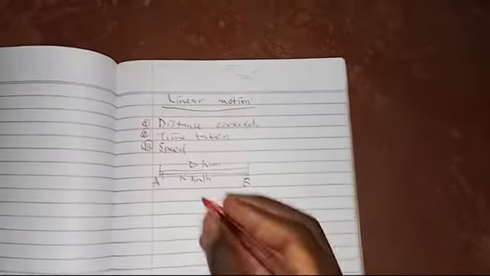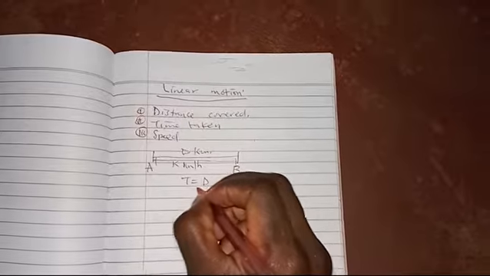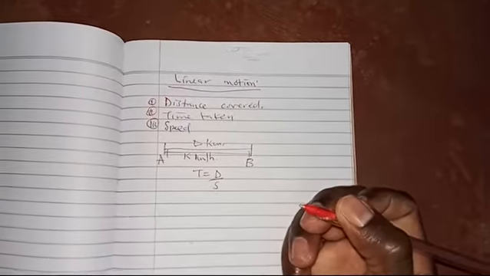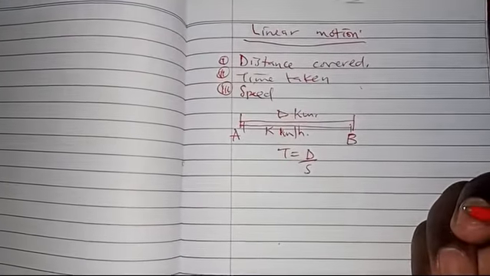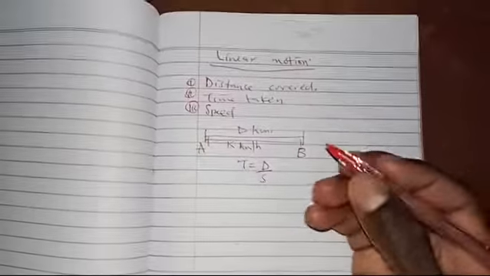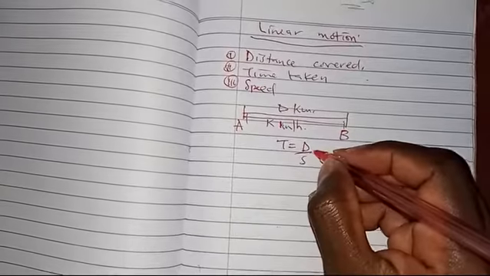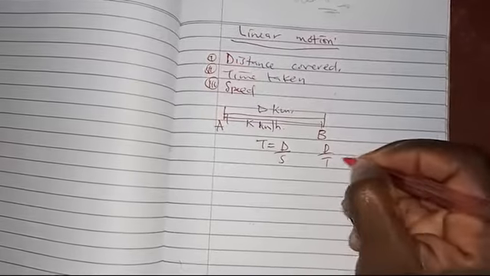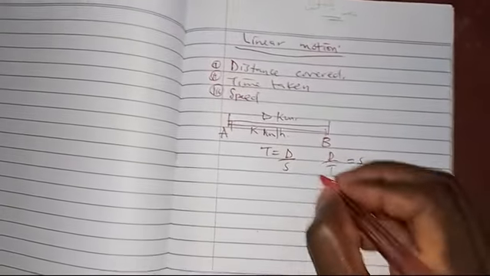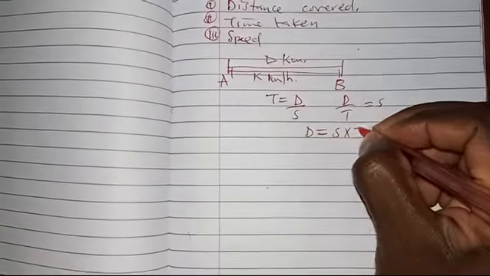To calculate time, time is equivalent to distance divided by speed. If you take distance divided by speed, you will get time. If you take distance divided by time, you will get speed. And if you need to get the distance, you will take speed multiplied by the time taken by the body.